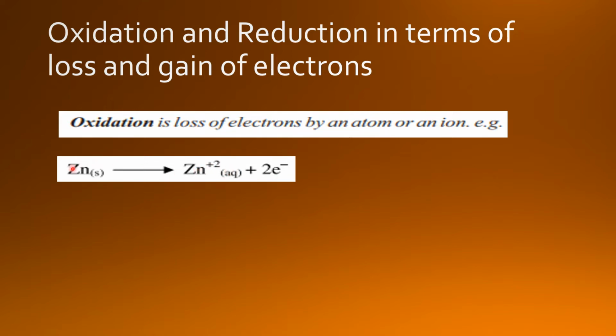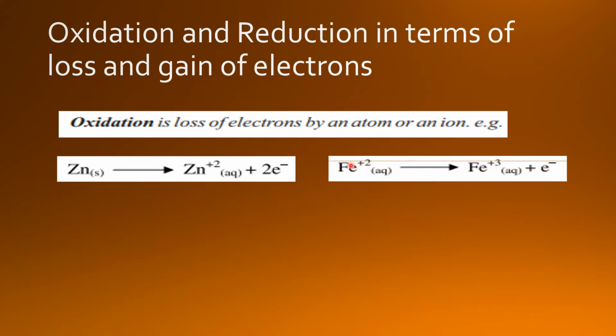So as the zinc atom is losing the electrons, we will say that this zinc atom undergoes oxidation. And here you can see that these ferrous ions lose 1 electron and change into the ferric ions. Ferrous changes into the ferric by losing the 1 electron. So here again the process of oxidation takes place.